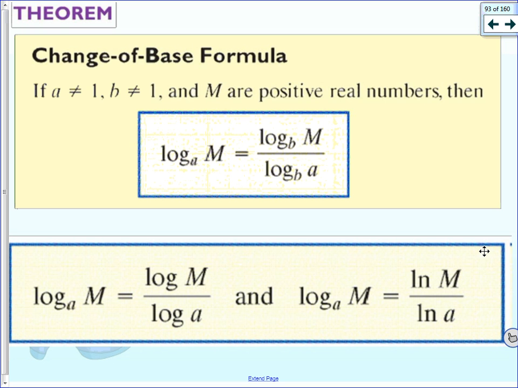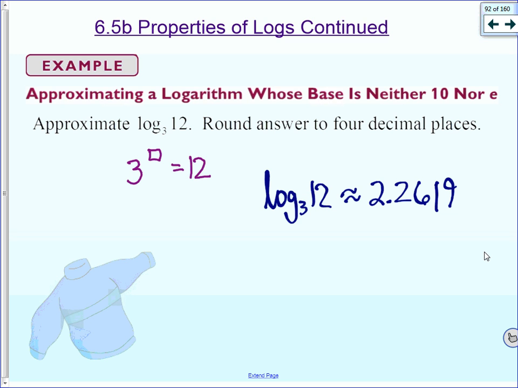You can change it to anything you want as long as the base on the top and the bottom is the same. And were we pretty close with our estimate here? Can you guys do that? What is it when you do log 12 over log 3?